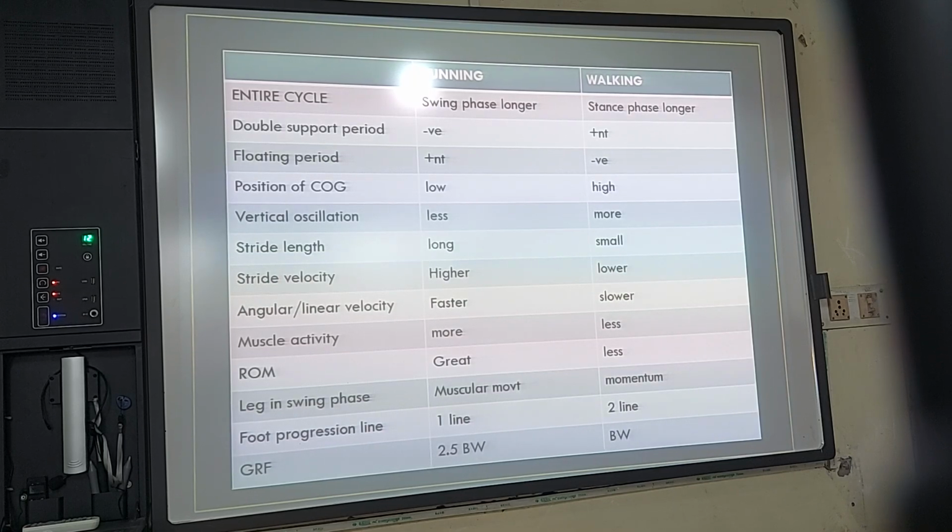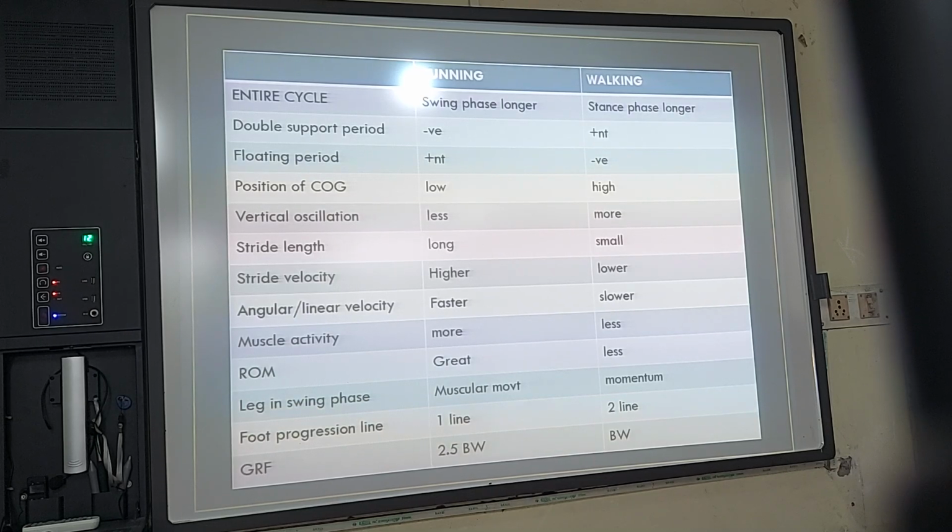You have seen how runners take a stance, they lean themselves forward and then they try to run. If you stand like this and run, you will stumble. They bend themselves to bring that COG much lower. Fine, so they are using their trunk. Vertical oscillation is less.